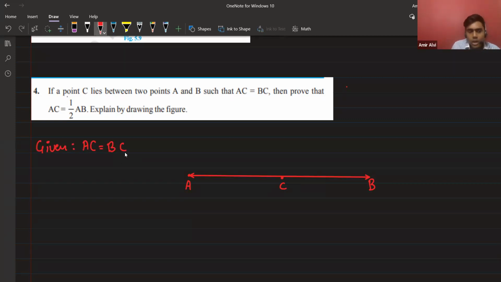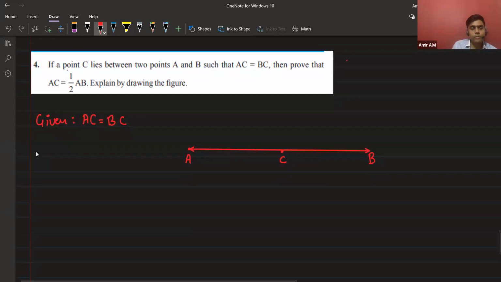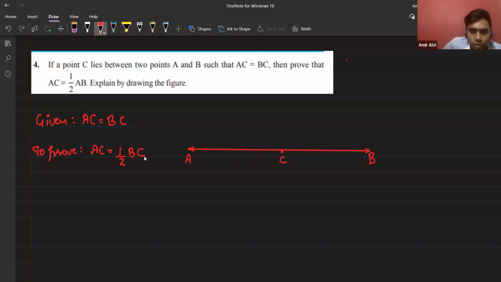Is this clear? And what we need to prove is AC equals half of AB. Sorry, it's AB, not BC. Now tell me, what can we do? Which axiom should we apply?